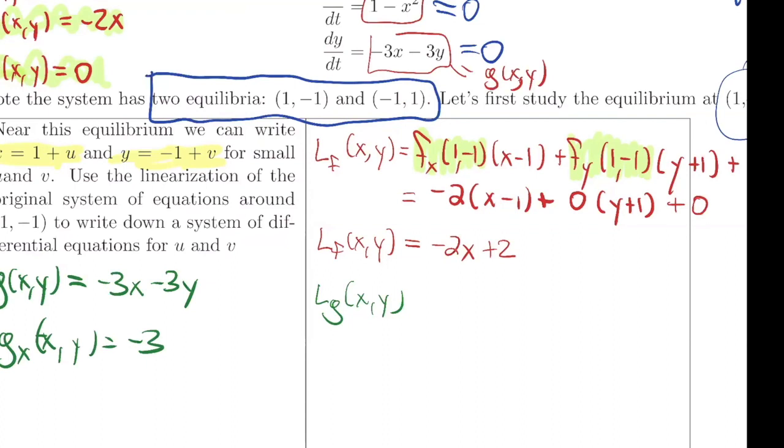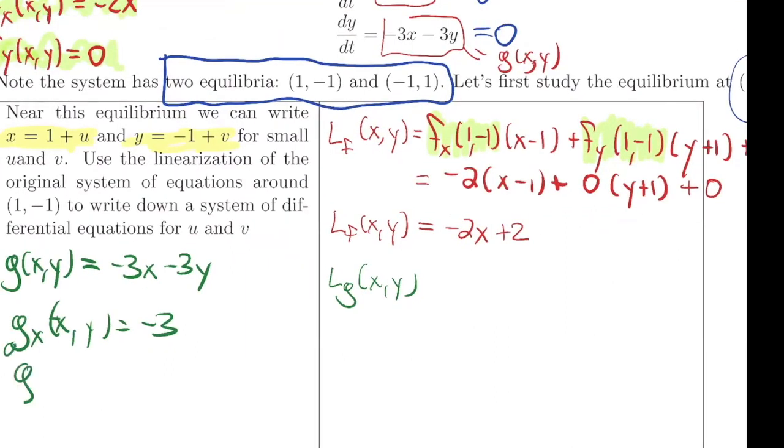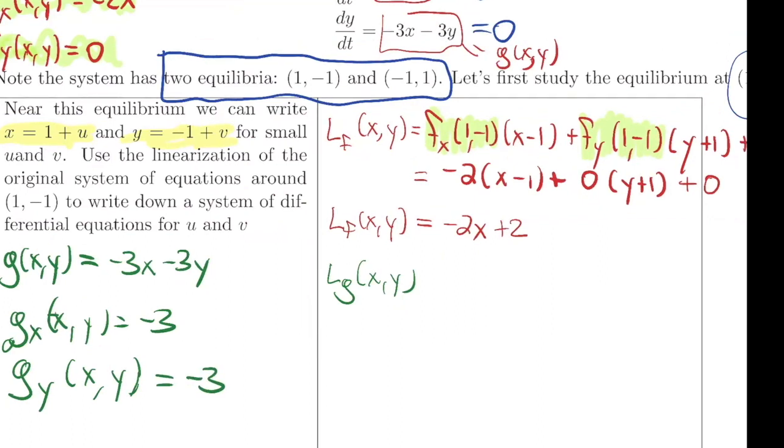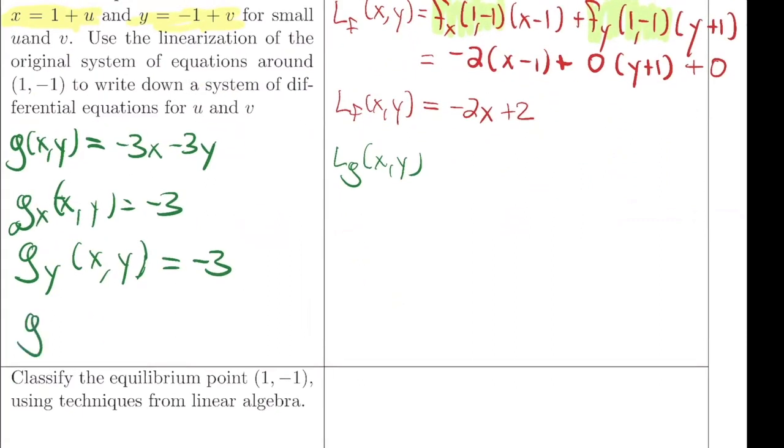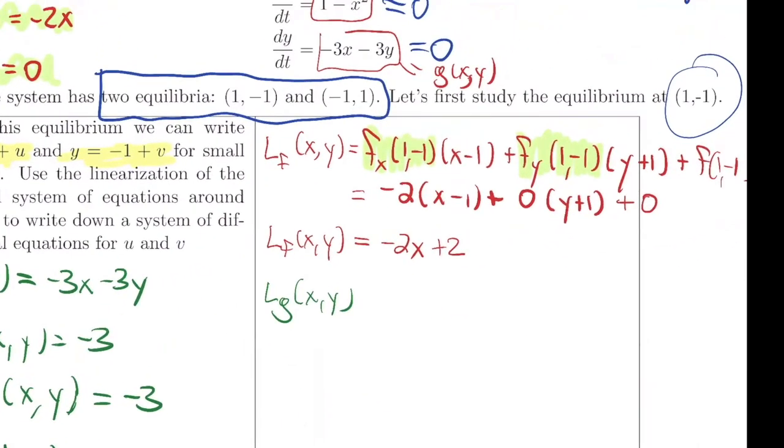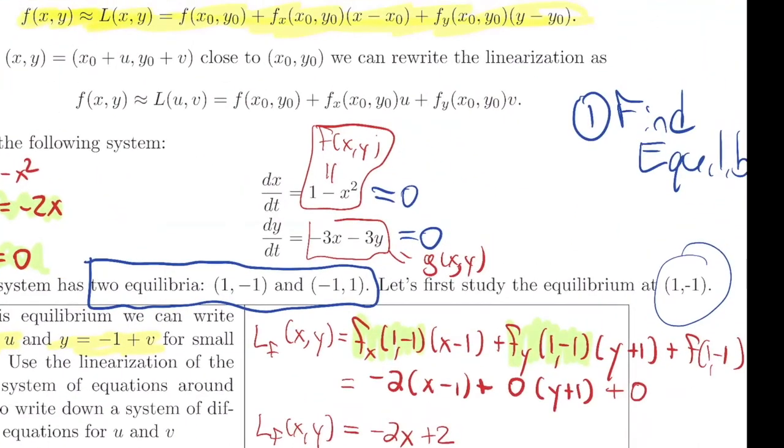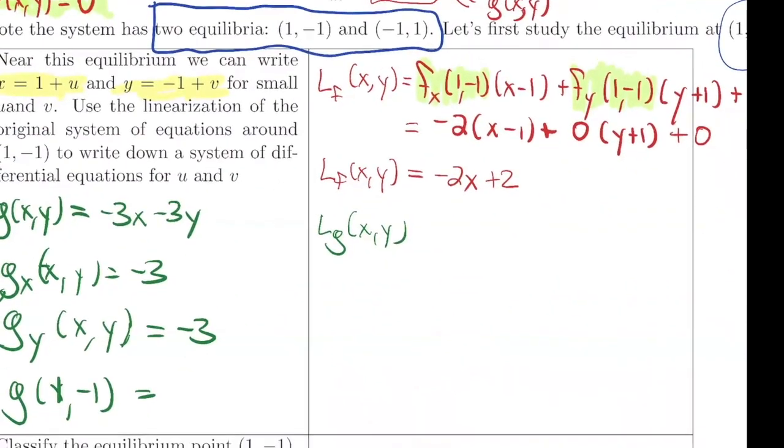That gives me minus 3. I can take the partial of g with respect to y. And that also gives me minus 3. And then I could evaluate g at (1, -1). And that gives me 0, right, as it should.